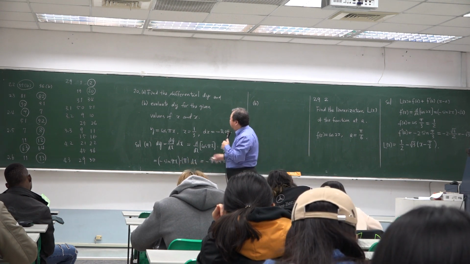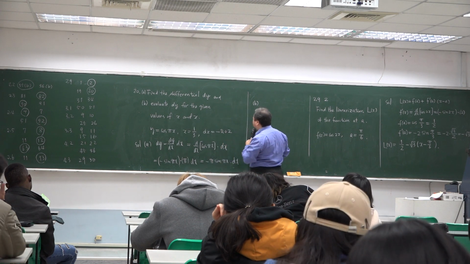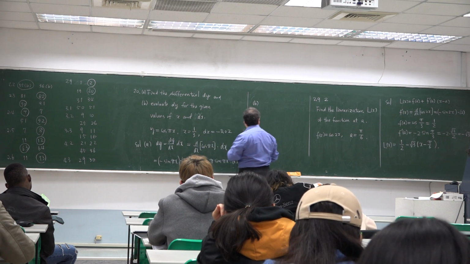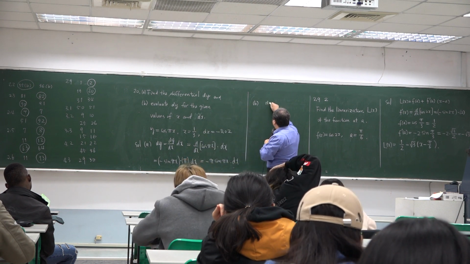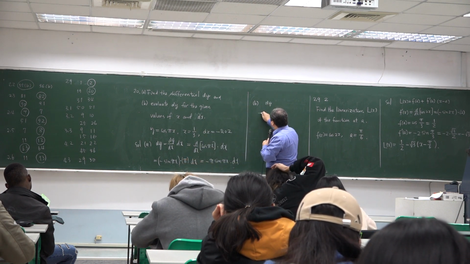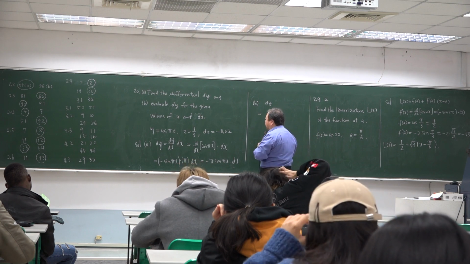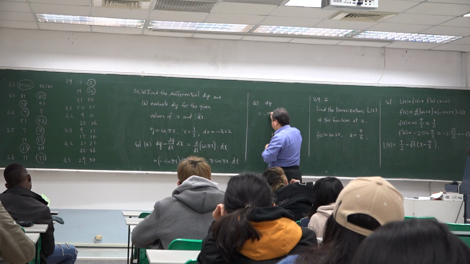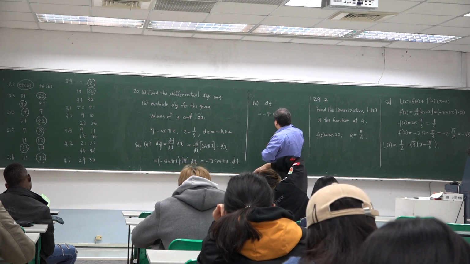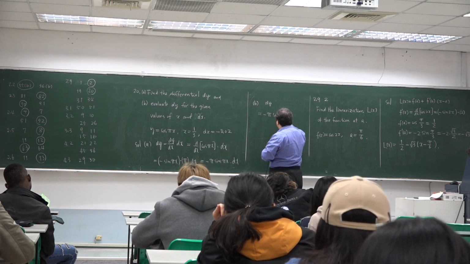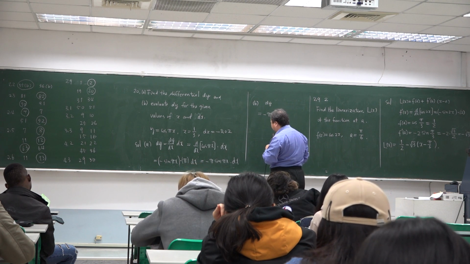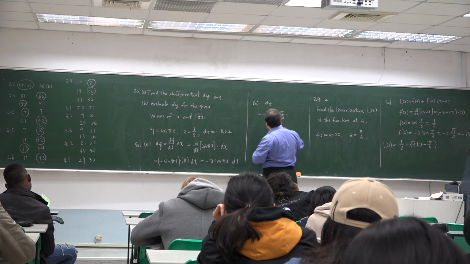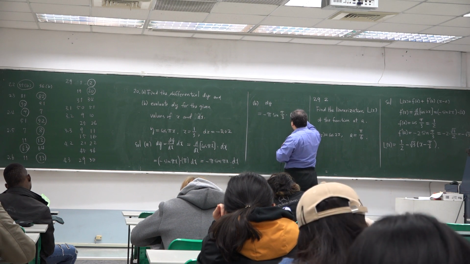For the given values of x and dx, now x equals 1/3, minus pi sine pi third times dx, which is minus 0.02.